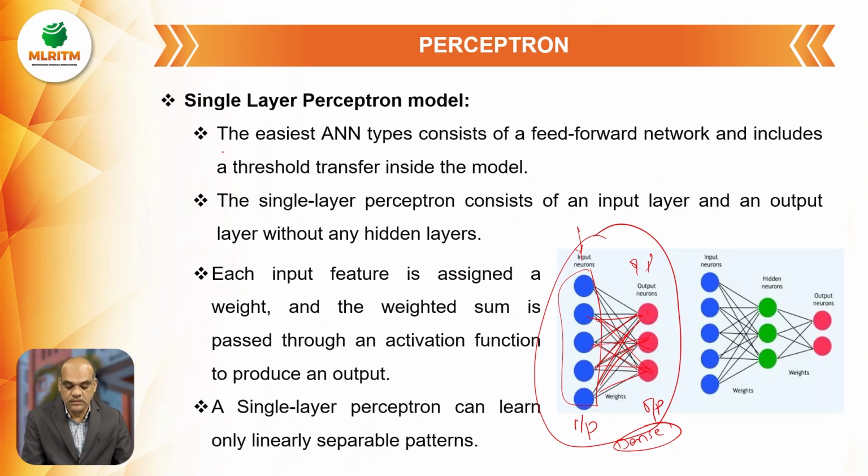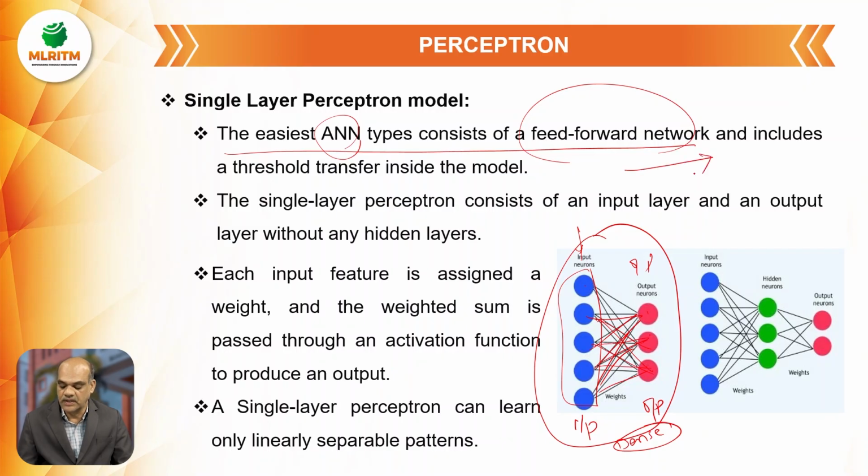Now, the single layer perceptron is a very simple structure of artificial neural networks, which is a kind of feed forward network. That means from the input layer we can transform the data to the output layer, but from the output layer we cannot transform the data back to the input layer. That is, back propagation is not applied. We cannot apply any kind of back propagation in this architecture.